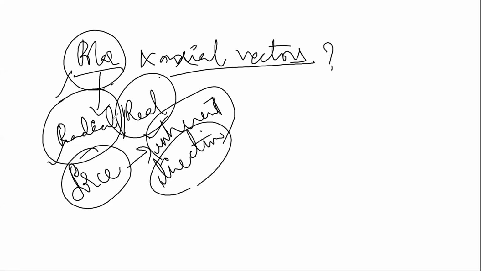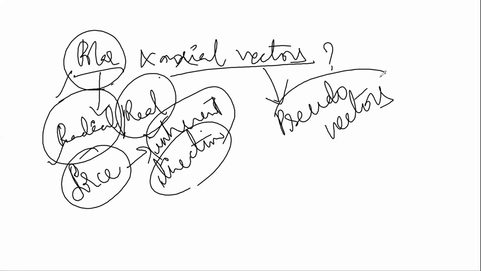And what about axial vectors? For axial vectors, the other name is pseudo vectors. They are not real. They have no inherent directions of their own.